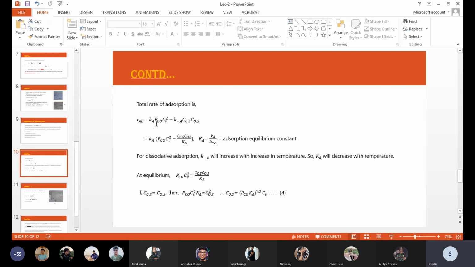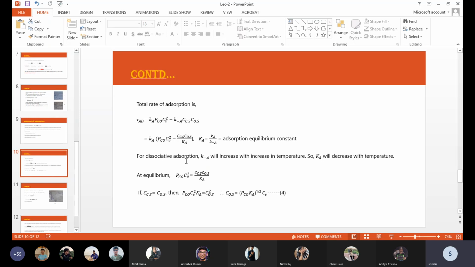The total rate of adsorption, RAD, is the rate of attachment minus the rate of detachment. Similarly, if you take out Ka, you will get PCO Cv square minus CCS COS by capital Ka. Capital Ka is the forward adsorption rate constant by the reverse desorption rate constant. So this is the adsorption equilibrium constant.